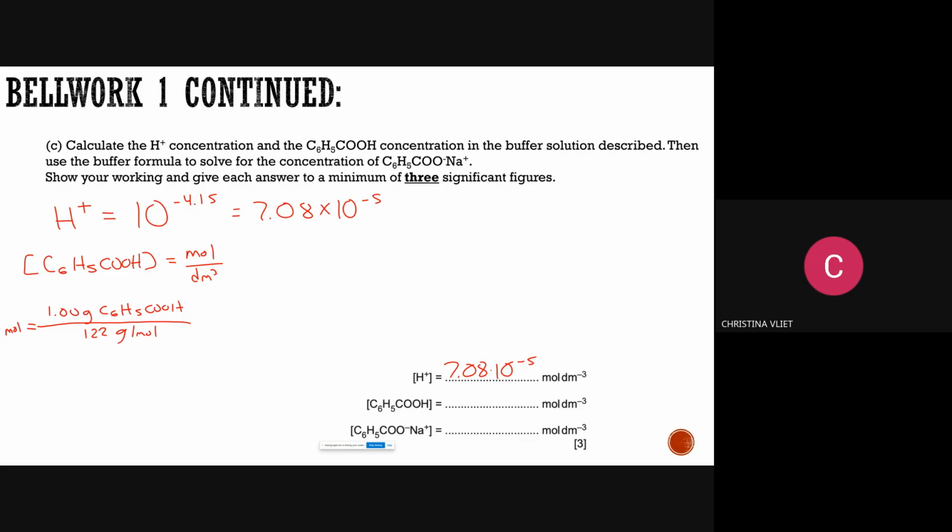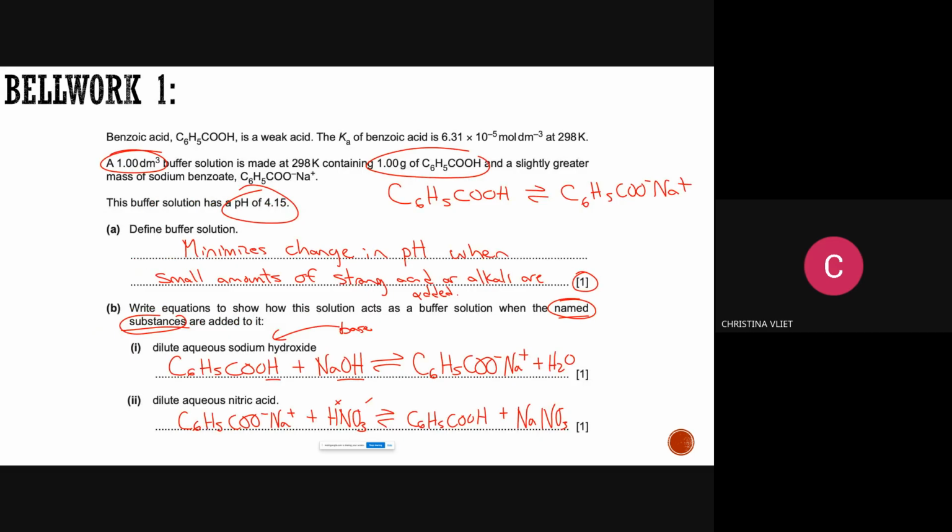I got 0.008196. That's my moles. Is that also my concentration? Well, what we have to do there is take these moles and divide them by the decimeters cubed. Well, guess what? In the question it says it's in 1 decimeter cubed.